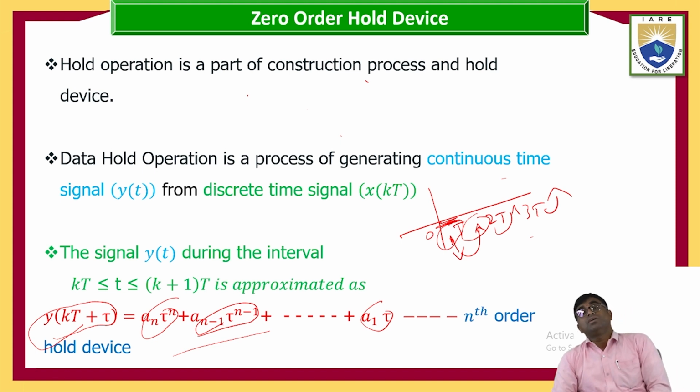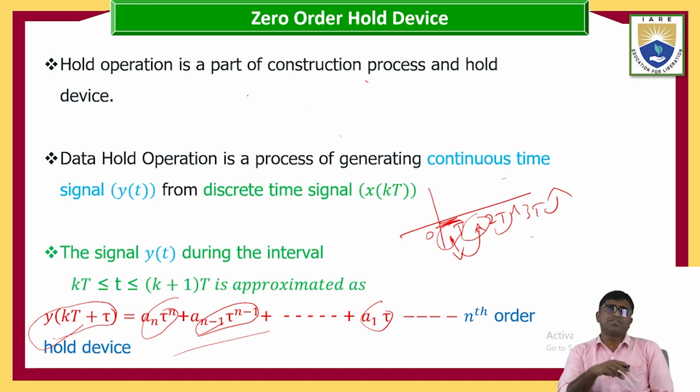That is the output of the hold device. In the sampling process, the continuous time signal is converted into a discrete time signal.